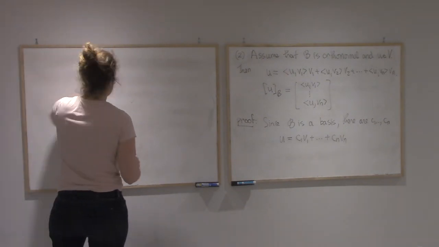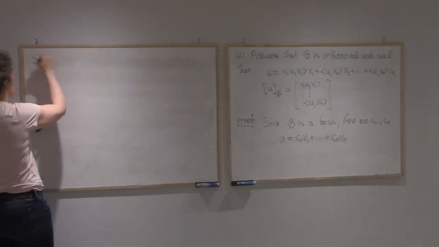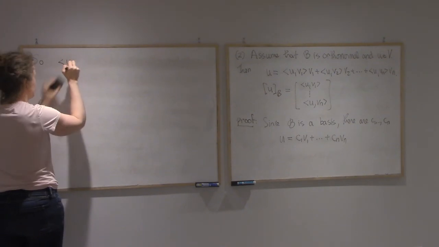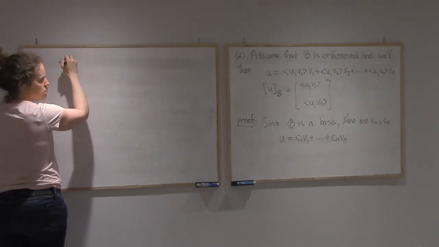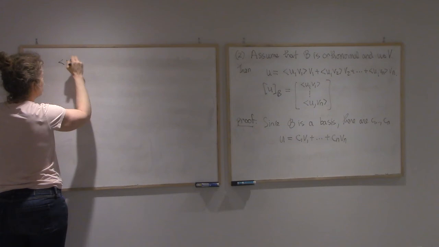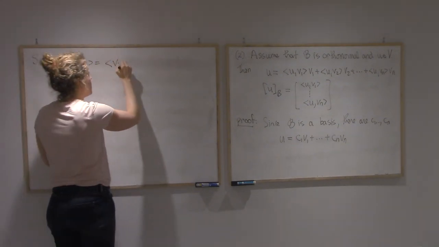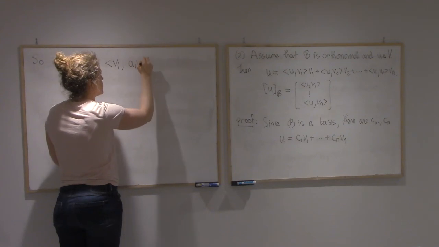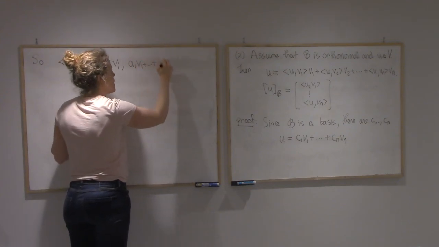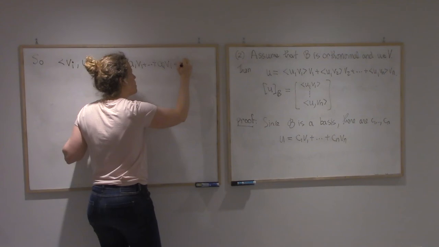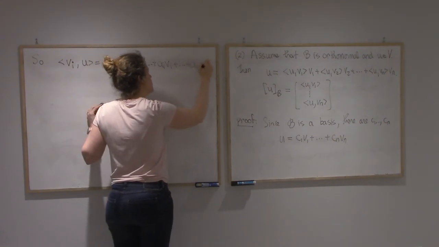So if I dot it with Vi, I'm going to get U dot Vi, that's going to be Vi dot A1 V1 plus through AI Vi plus through AN Vn.